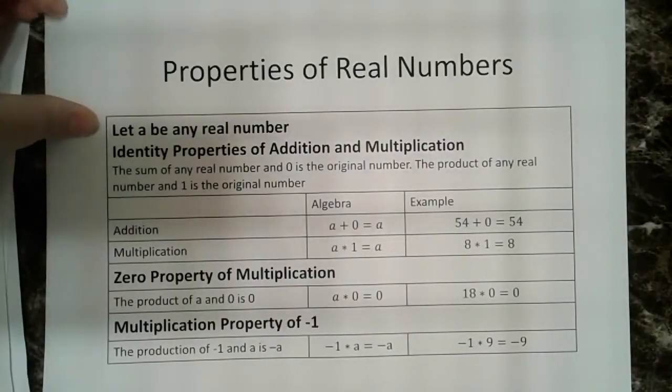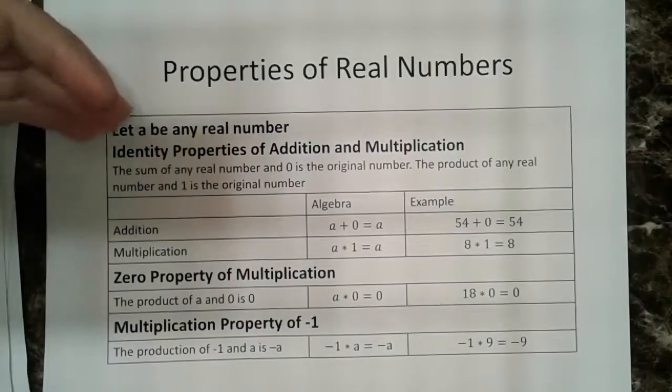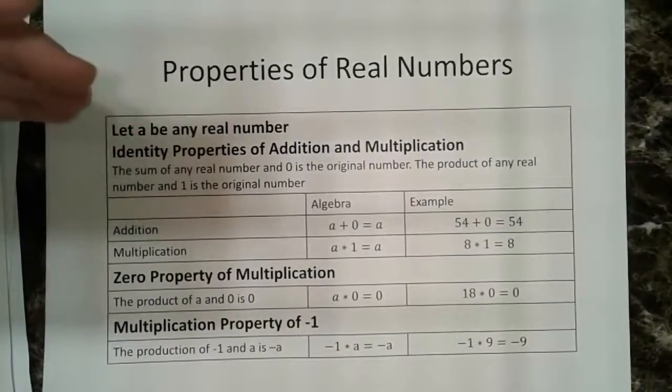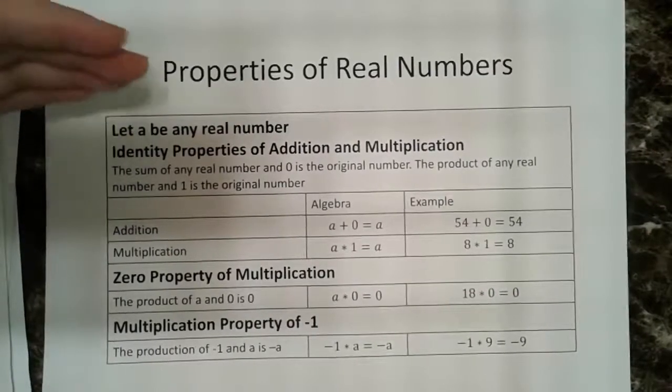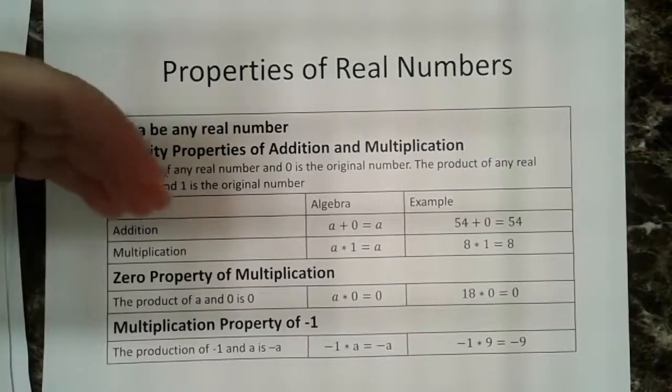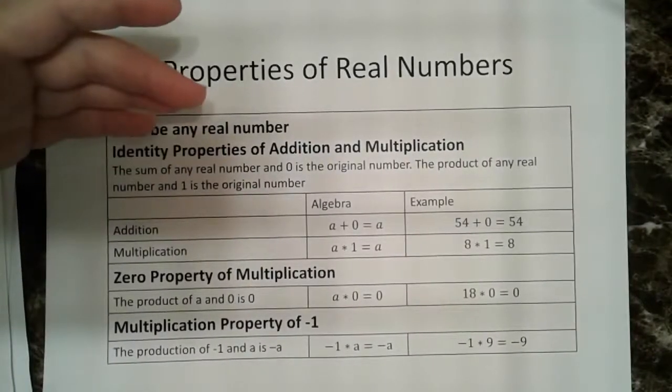Okay, so we also have what's called the identity. And you guys are familiar with this. You guys probably just never have really called it this before. The identity property of addition tells me that anything I add to 0 is going to give me itself.